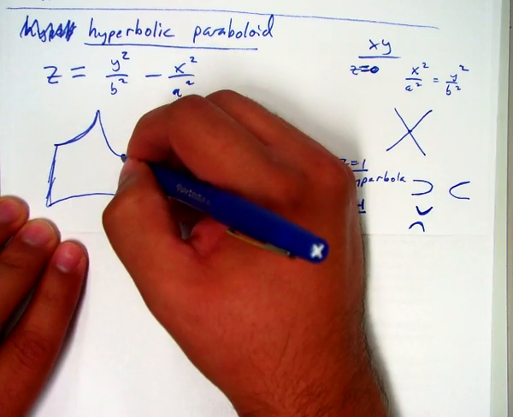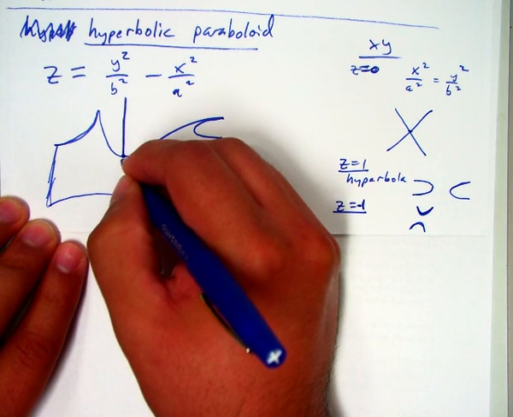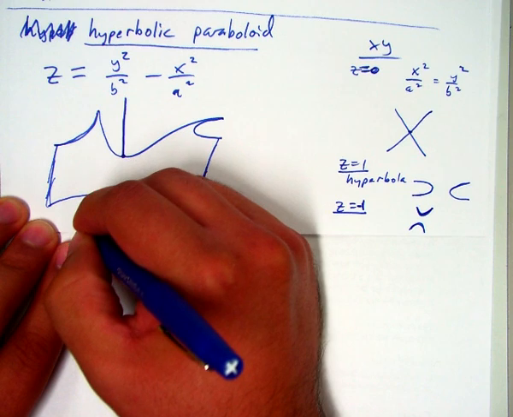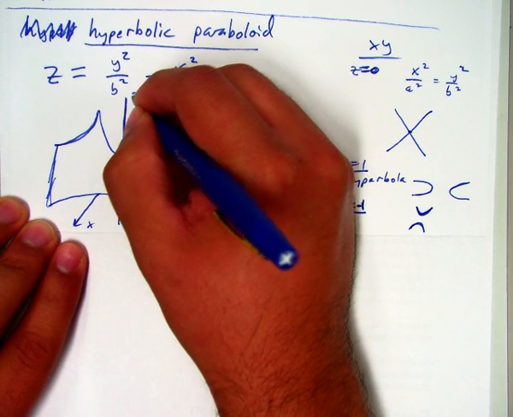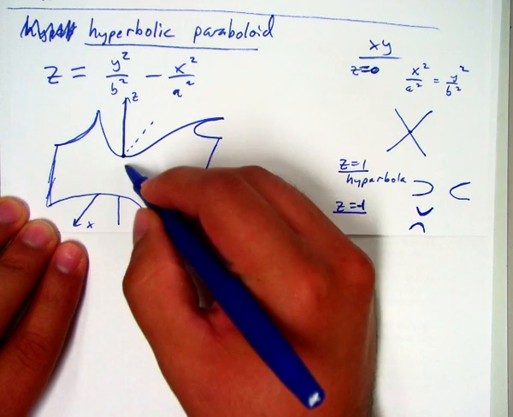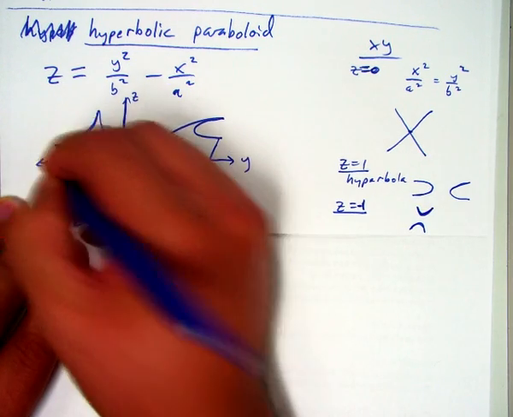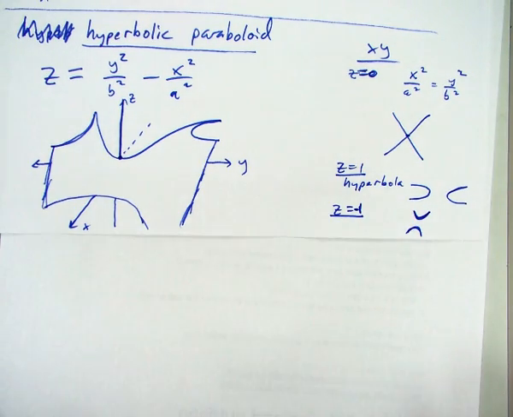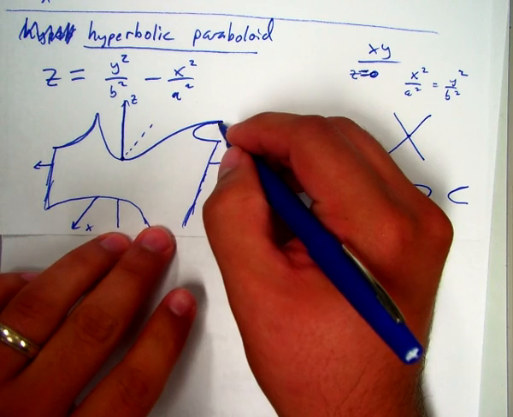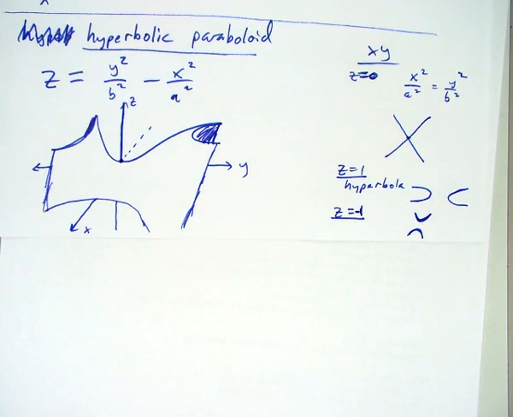Here's the x-axis. Here's the z-axis. And here's the y-axis. Okay. If you're having a hard time seeing what's going on, well, that's okay. But this will make sense.